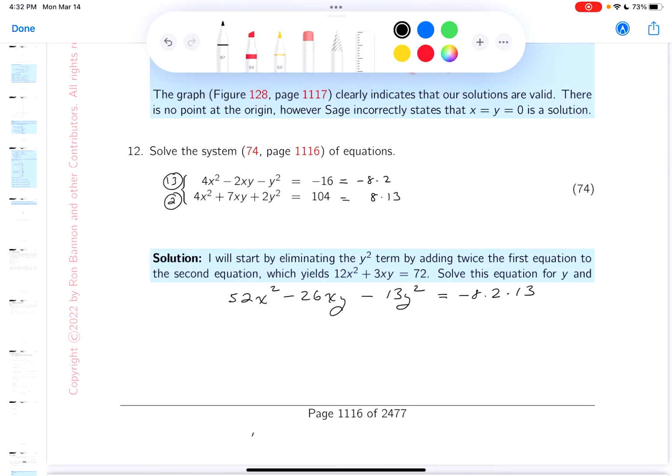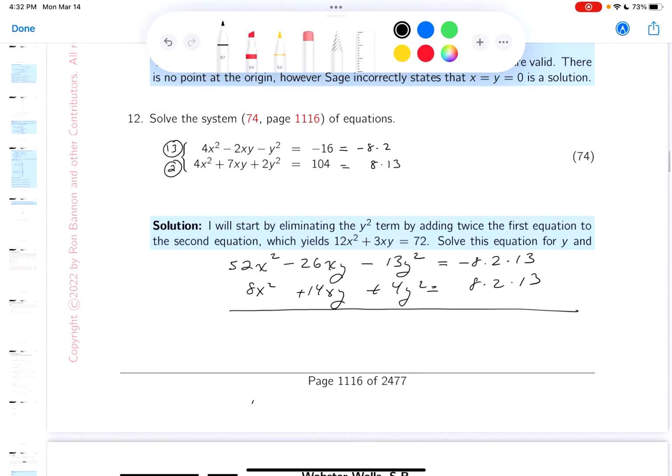Let's do the bottom. That's 8x squared, 14xy, plus 4y squared, and that would be 8 times 2 times 13. Add them together, and you're going to get 60x squared, minus 12xy, minus 9y squared is equal to 0.